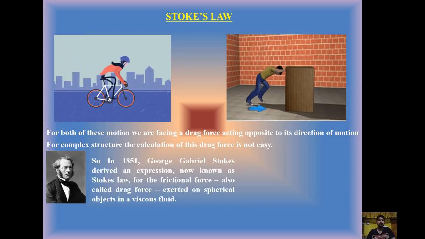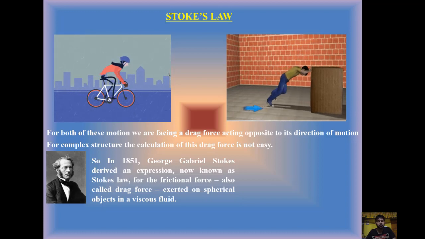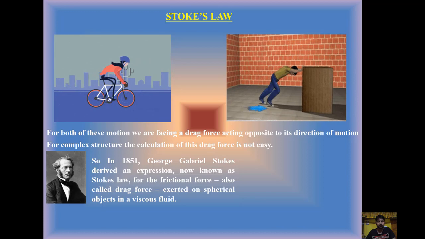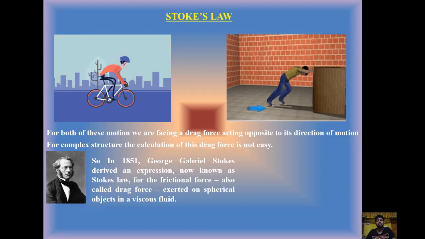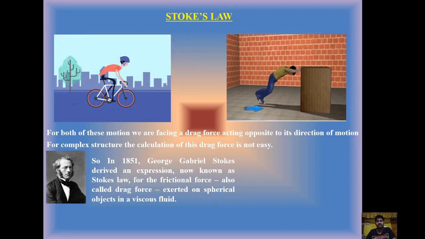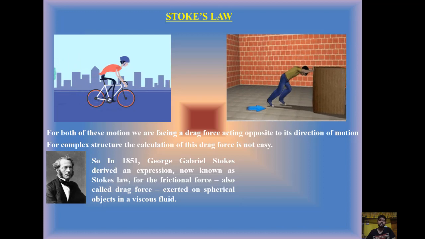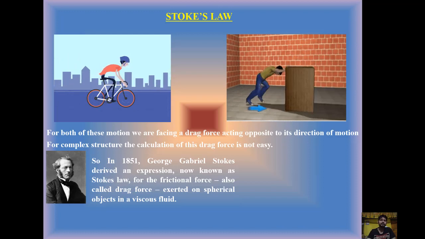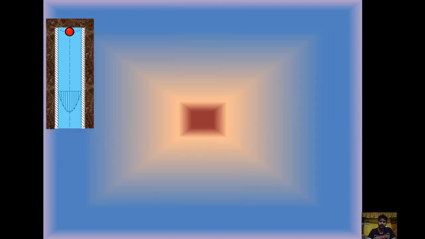So in 1851, George Gabriel Stokes derived an expression, now known as the renowned Stokes law, for the frictional force, also called the drag force, which is exerted on spherical objects in a viscous fluid. So what is happening here? When a solid body moves through a fluid, that is liquid or gas, the fluid layer in contact with the body is dragged by it.